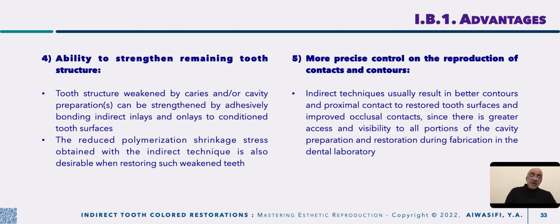As with all indirect restorations, you have more precise control in reproduction of contacts and contours, because there is great accessibility when you mount your upper and lower casts on an articulator, and you could note the contact and occlusal relationship and how to reproduce it exactly.